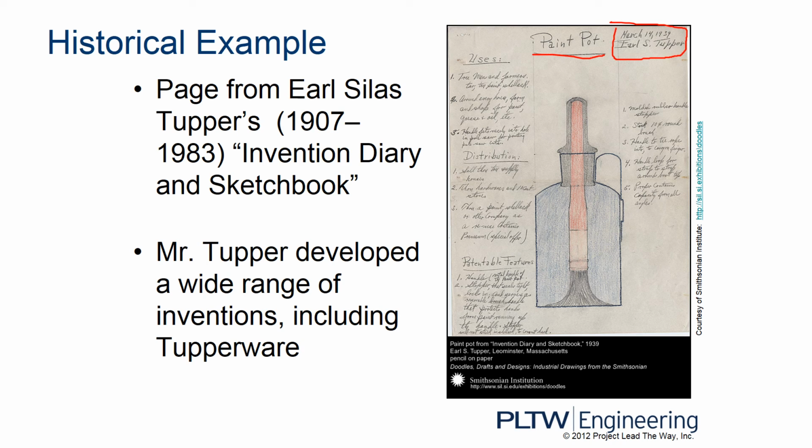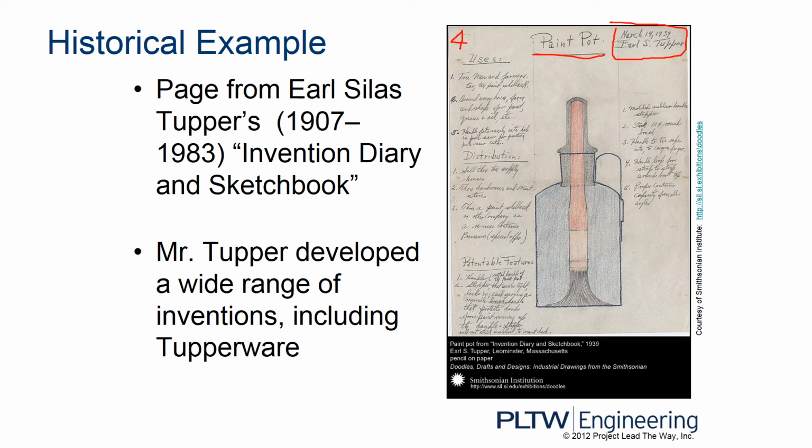All right, what is he missing? He doesn't have a page number here. Usually, because this goes back quite some time, though it's 1939, he really should have had a regular engineering notebook with pages.